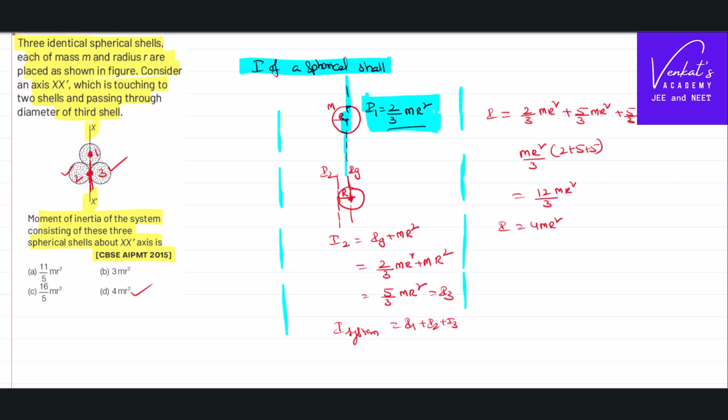And I should know how to find the moment of inertia of a spherical shell about an axis passing through the edge of that shell, like at these points, using the parallel axis theorem: I equals IG plus mr square. IG we have already derived, plus r is the distance between the two parallel axes. Upon simplifying, you will get this answer, 4 mr square. So we solved the problem where r is the radius of that shell.